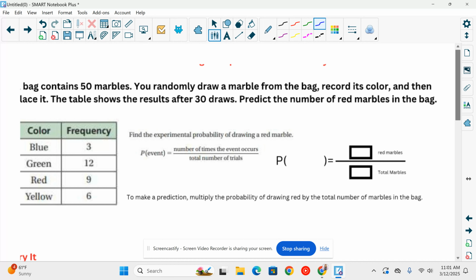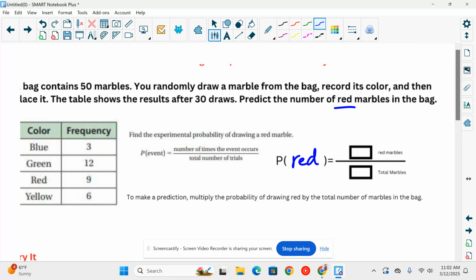What is our event here? What are we looking for? Red marbles. We're looking for red. We're looking at the experimental probability right now. We got to know the probability first.